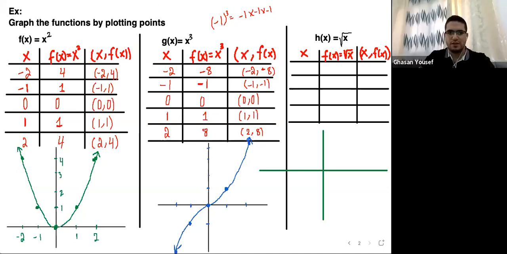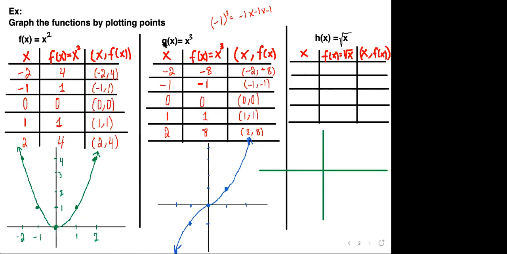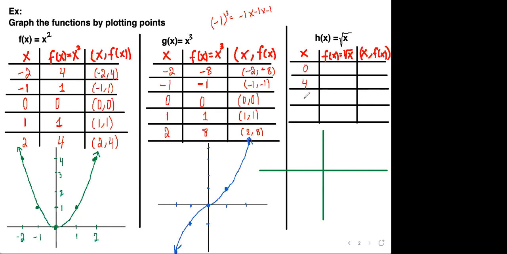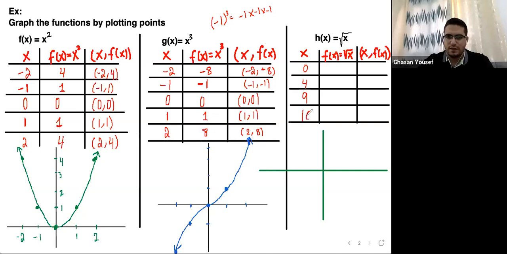I'm going to use easy numbers like 0, 4, 9, 16. Shop chose these because they are easy to find the square root of, so we don't have to use the calculator.